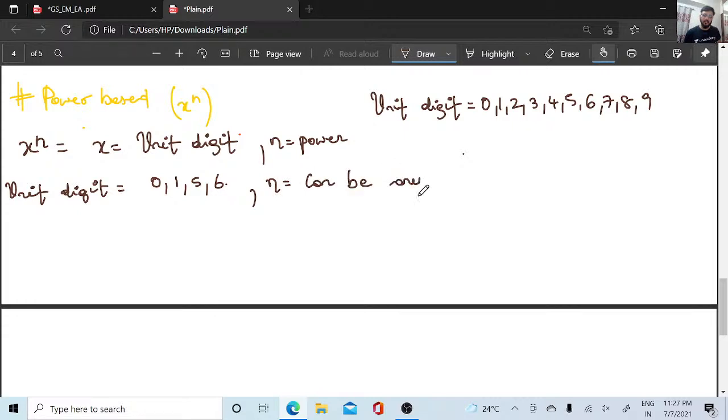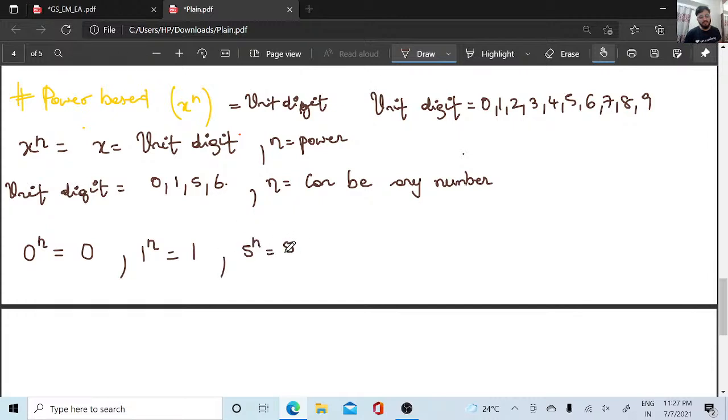If I take 0 power n, then my unit digit will be 0 itself. 1 power n, the unit digit will be 1 itself. 5 power n, the unit digit will be 5 itself. 6 power n, the unit digit will be 6 itself. So this is case 1.